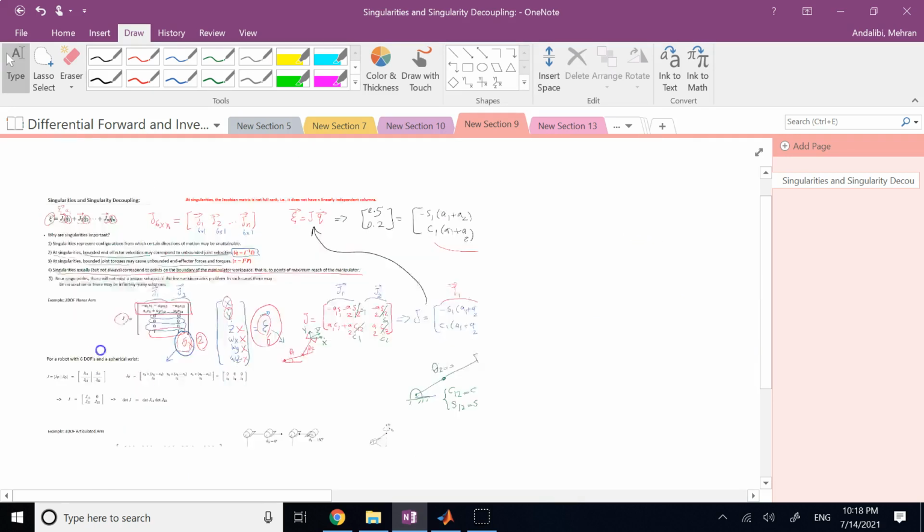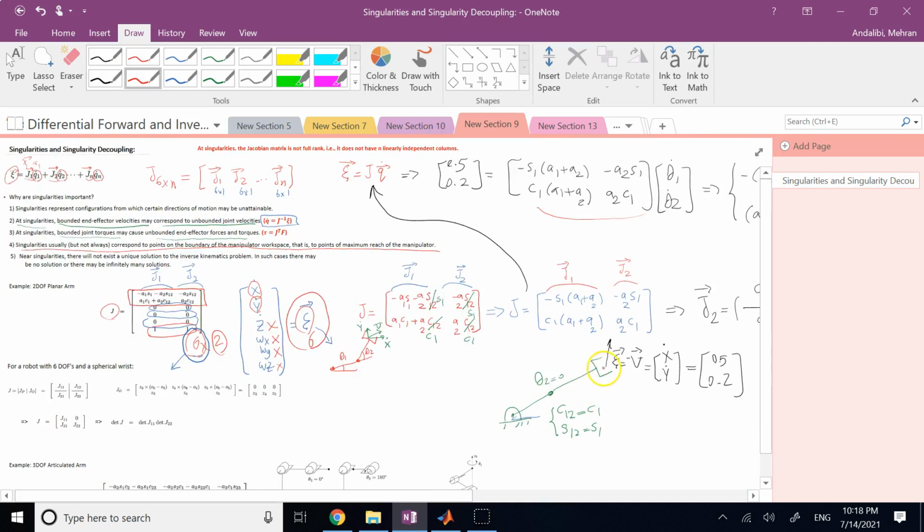Clearly you see it is the case here. When you make your theta 2 to 0, that's the maximum that your end effector can reach. Remember, if this one was A1, this is A2, the max you can reach was A1 plus A2, so that's definitely the end boundary of your workspace.